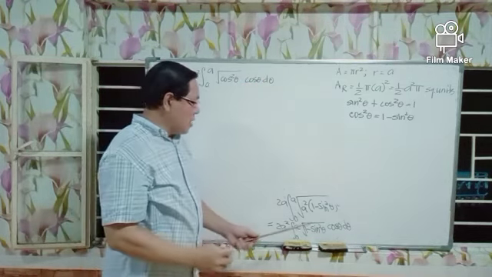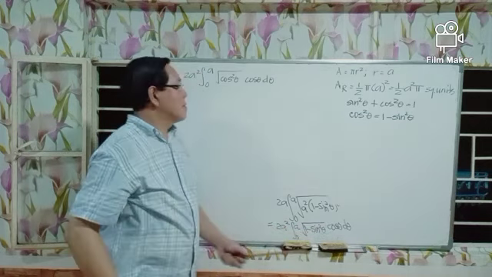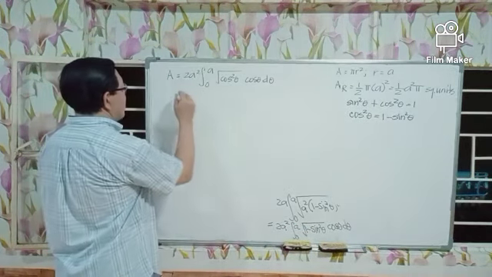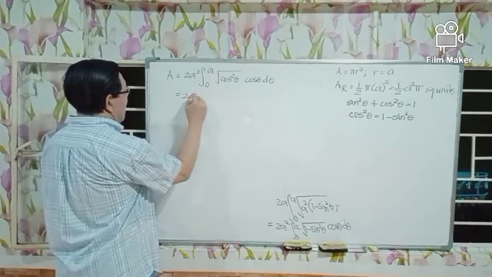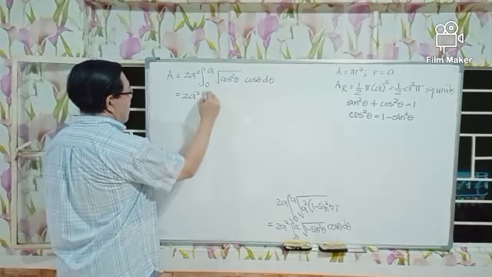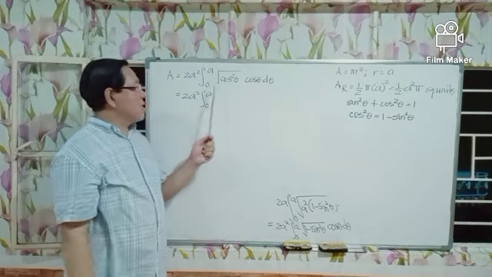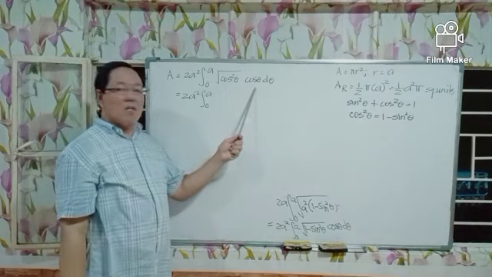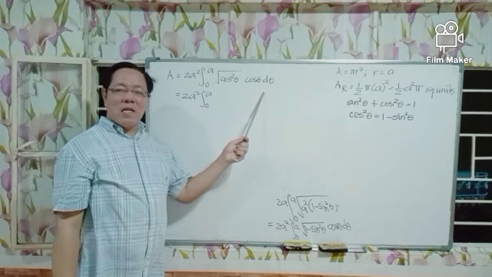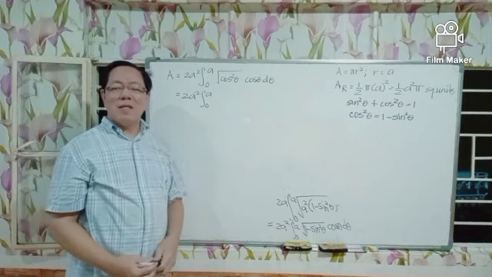Multiply by cosine theta d theta. But the square root of cosine squared theta is cosine theta multiplied by cosine theta d theta, and we get cosine squared theta d theta.